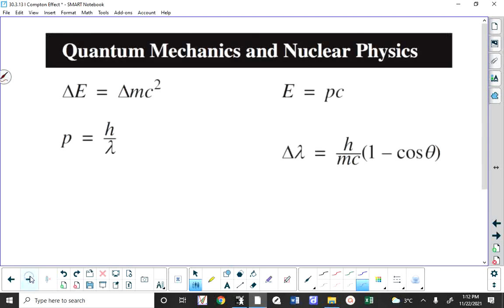If you look at your formula sheet under quantum mechanics and nuclear physics, you will see them there, along with two other formulas that you don't know. But the one in the bottom right we will learn tomorrow. The one in the top left we will not learn until next unit.